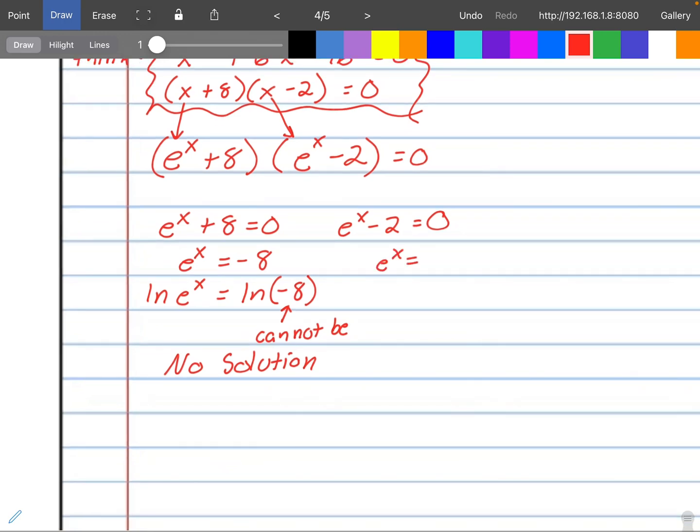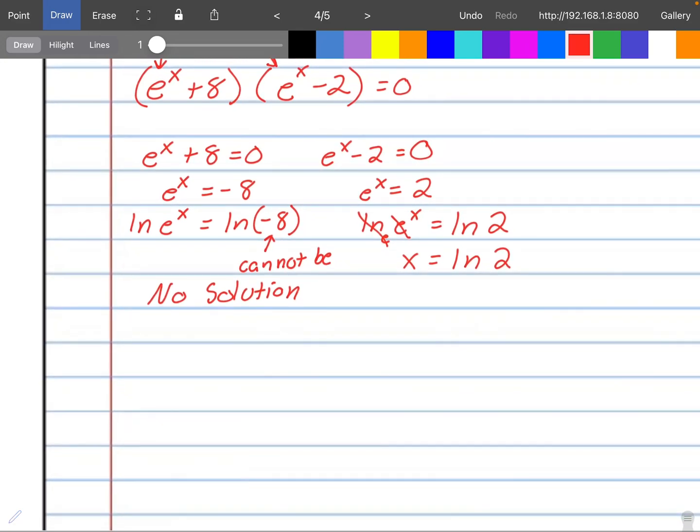So for that one, we're going to add 2, which gives us e to the x equals positive 2. Again, we can't get the bases the same, so we do ln of e to the x equals ln of 2. Since we have that understood e here, those are gone, which gives me x equals ln 2. And that can happen. I can put that on my calculator and I can get an answer.